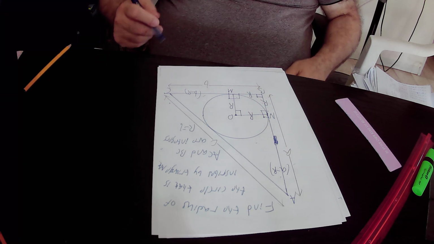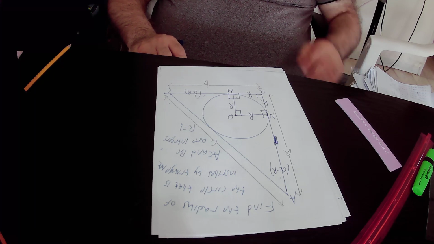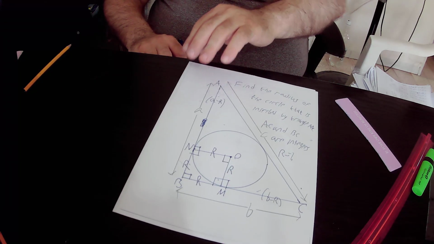In the next step, I present to you rule number 2. According to rule number 2, the lengths of two tangents from a common external point to a circle are equal.